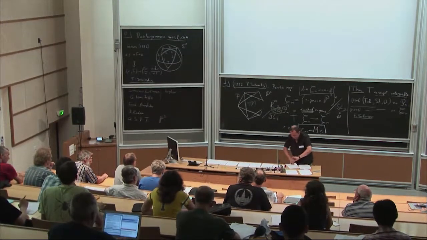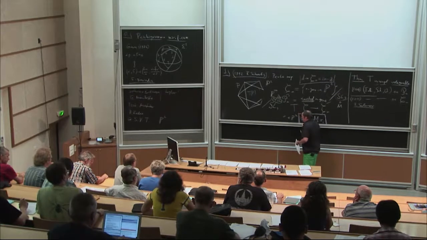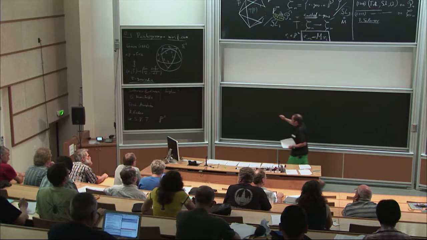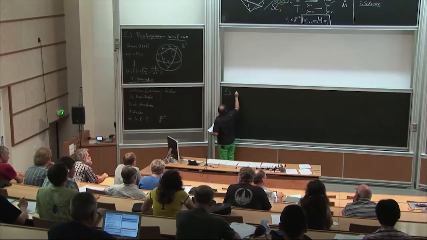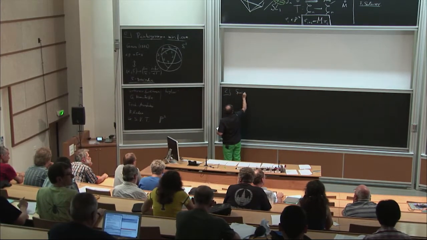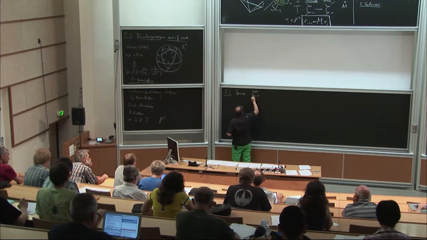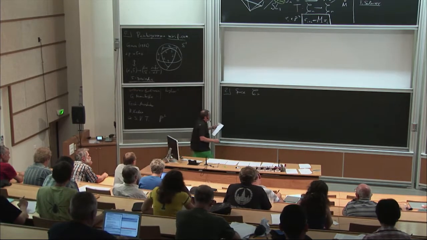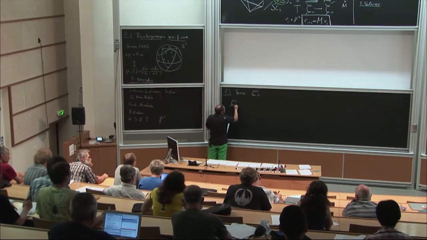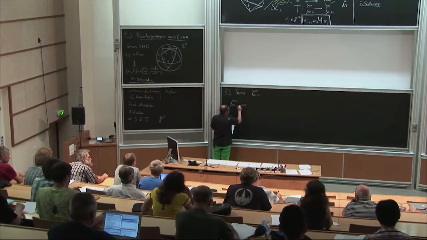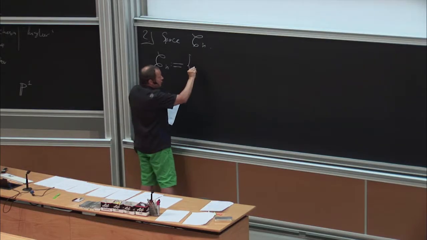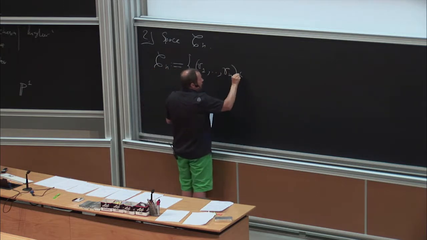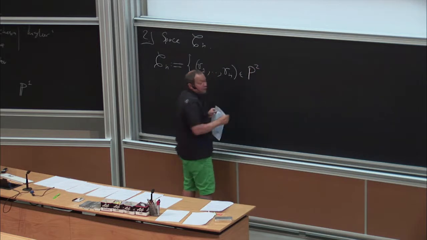Good. So now, the second part of my talk is called the space Cn. As I mentioned, it's a complicated space. So let me write here again what we are talking about. We are talking of configurations of n points in the projective plane.